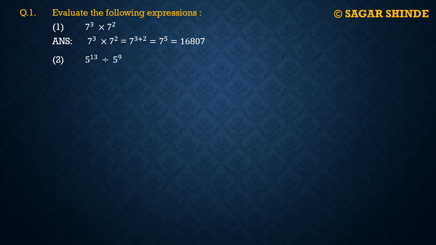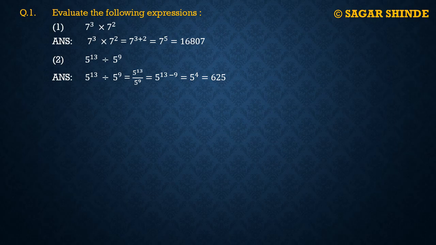Second question, we have given 5 raised to 13 divided by 5 raised to 9. Again the same question. Here we have same bases and different powers. Every time you just analyze the given question. So what will we do here? We'll keep the same base and simply we will subtract the powers as there is division. So here we can write 5 raised to 13 divided by 5 raised to 9.